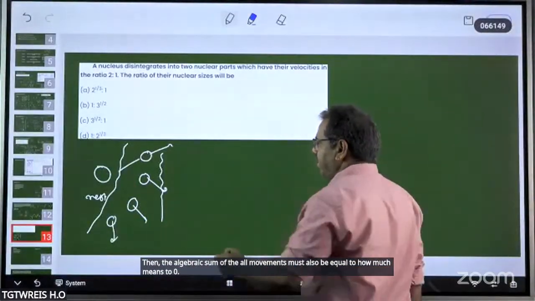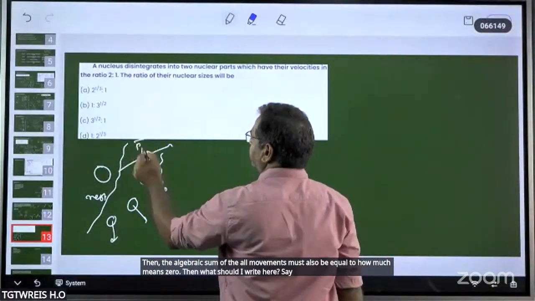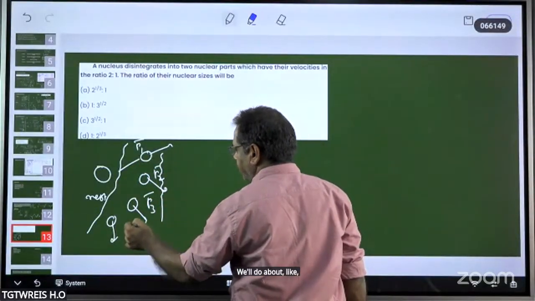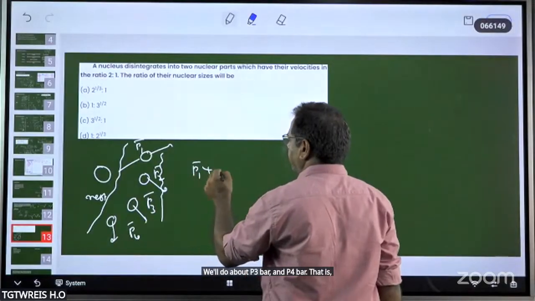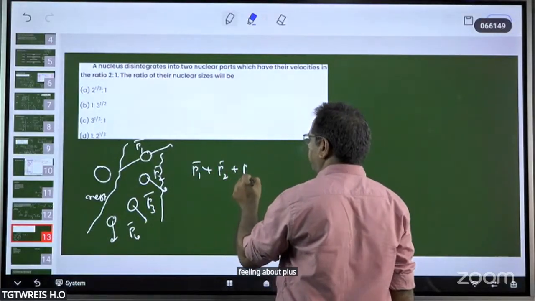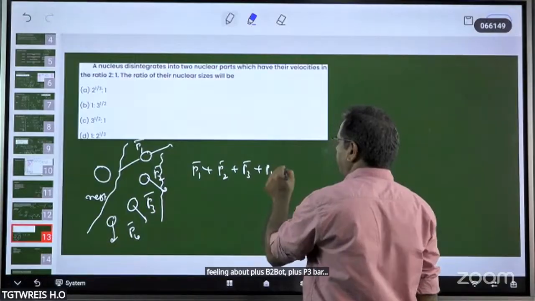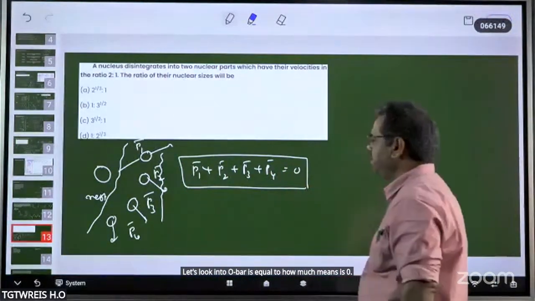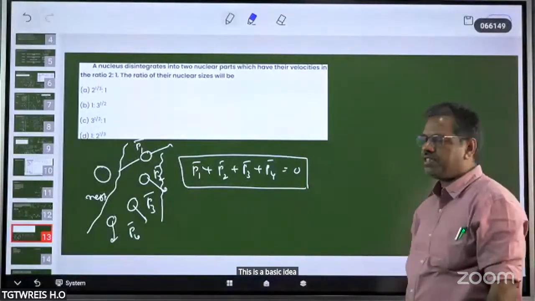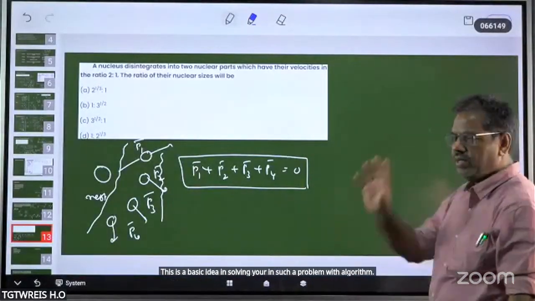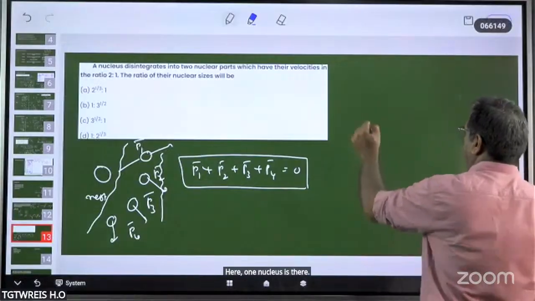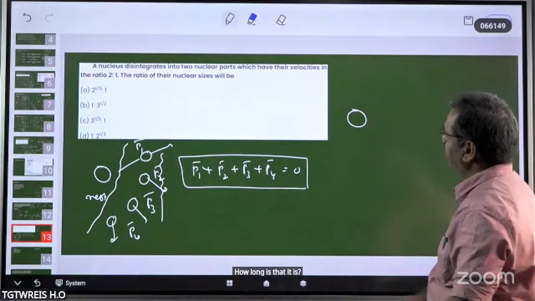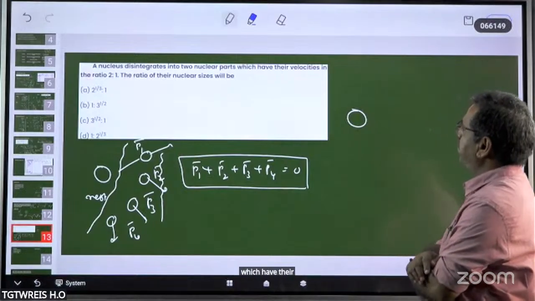Then what should I write here? Say the momenta are P1 bar, P2 bar, P3 bar and P4 bar. That is, P1 bar plus P2 bar plus P3 bar plus P4 bar is equal to 0. This is the basic idea in solving such types of problems. Here one nucleus is there, like a bomb, and it is split into two parts only.